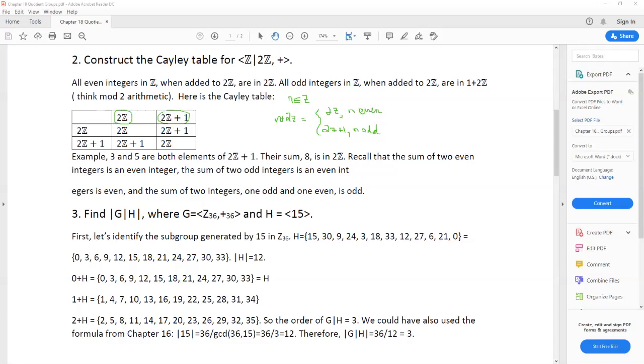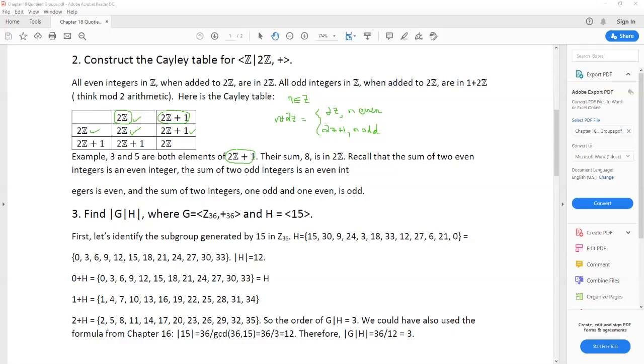And if we complete the Cayley table, of course, if you add an even and an even, two even integers will give you an even integer, which will place you in 2Z. If you add an even and an odd, the result is an odd integer, and so on. For example, 3 and 5 are both elements of 2Z plus 1. Because if you divide 2 into 3, the remainder is 1.